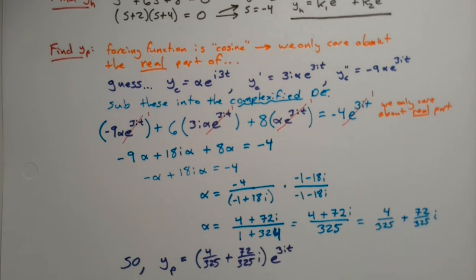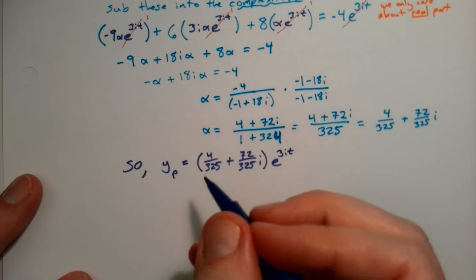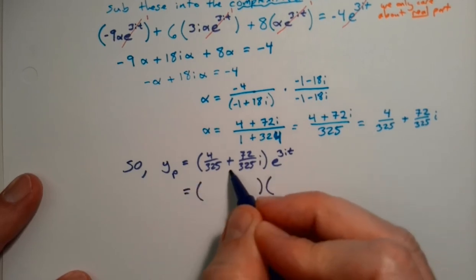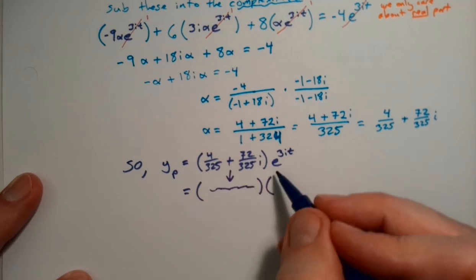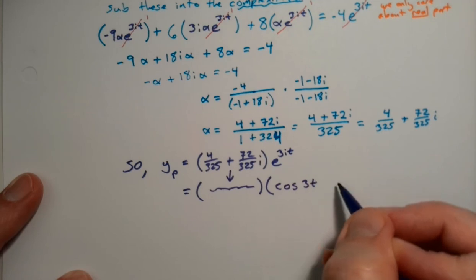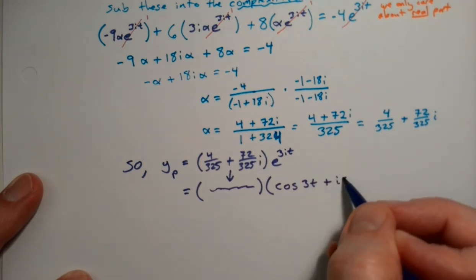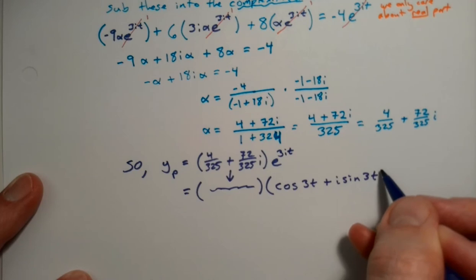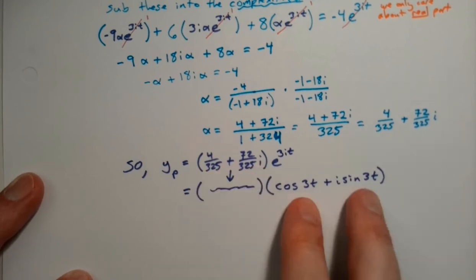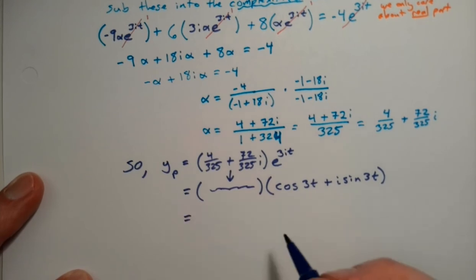And of course, that's terrific and all, but we really want to be able to produce something that has a real and an imaginary part, so we're going to have to expand this. So if I scoot this thing down a little bit, my particular solution is all that stuff times e to the 3it expanded, which is cosine 3t plus I times sine 3t. And so when I multiply this binomial times that binomial, I'm going to have a real part and an imaginary part.